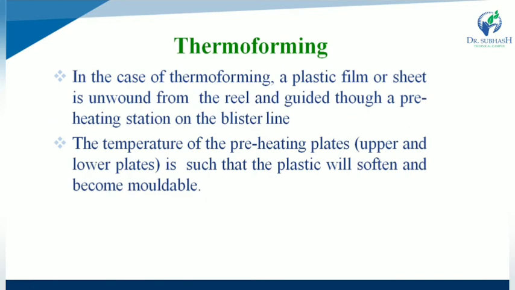The first one is thermoforming. In the case of thermoforming, a plastic film or sheet is unwound from the reel and guided through a preheating station on a blister line.